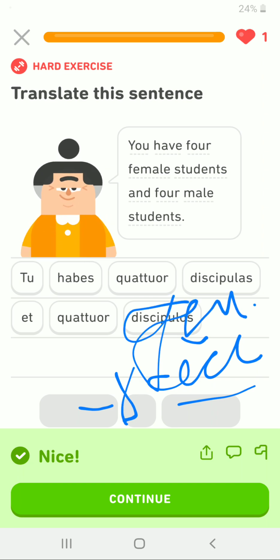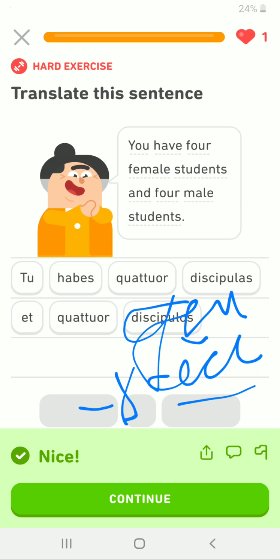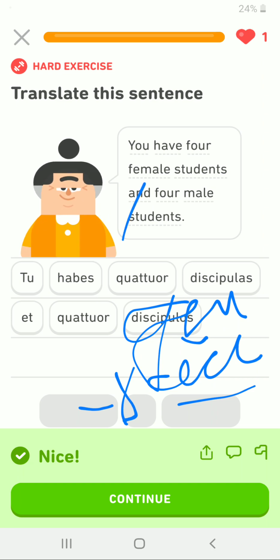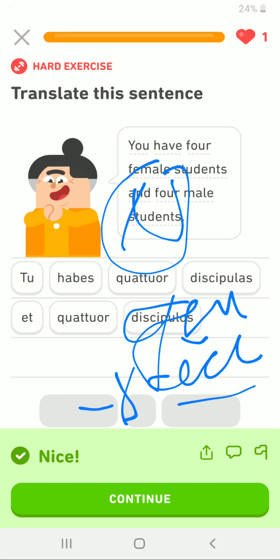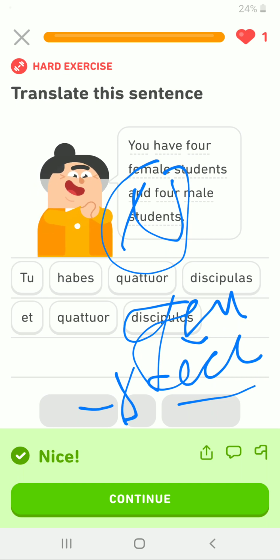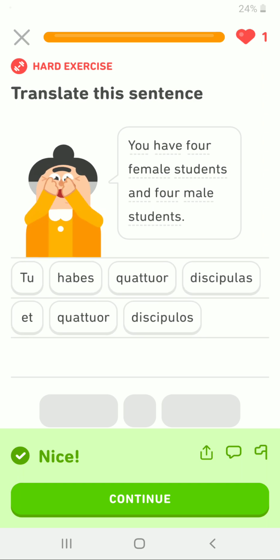I think it's you have what, an object. Normally, in some languages like Latvian, for example, you would say I have something, so you put it in nominative. But here it's not the case. Tu habes quator discipulas.